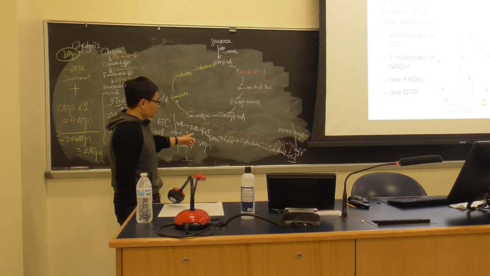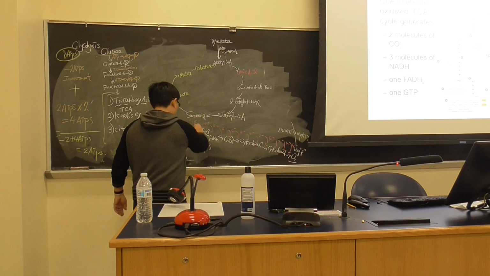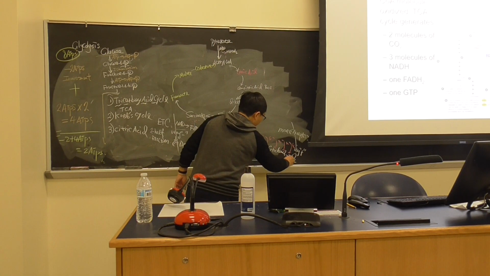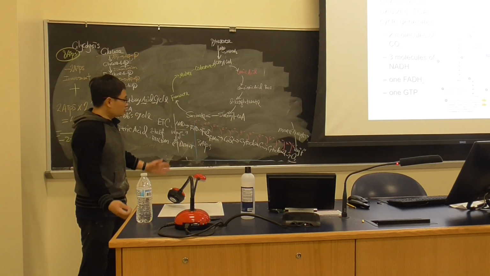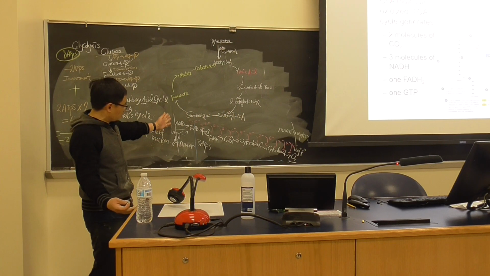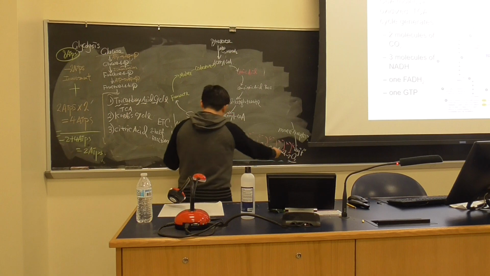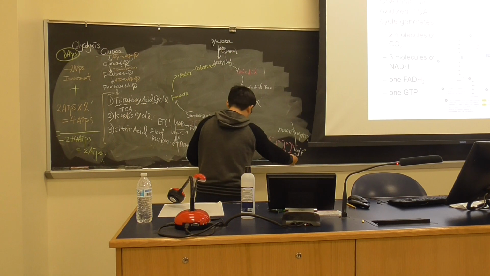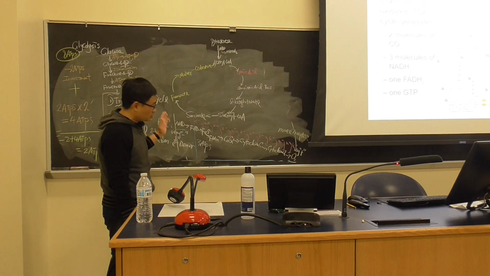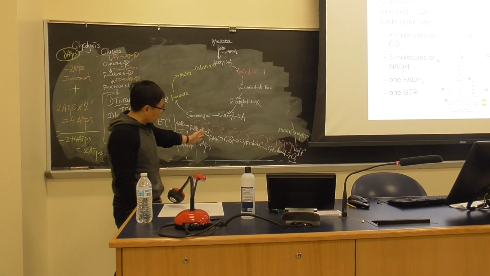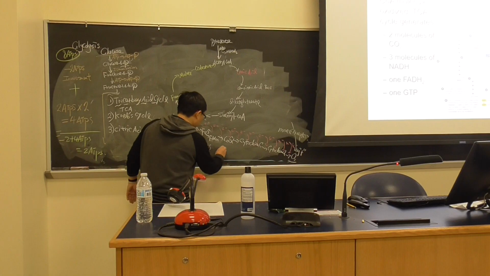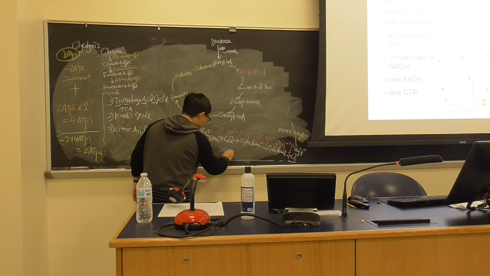If FAD reduced to FADH2, it goes from here. And you see the distance between NAD to oxygen and FAD to oxygen, the former one is larger. So electron transfer from FAD to oxygen only generates 2 ATPs.